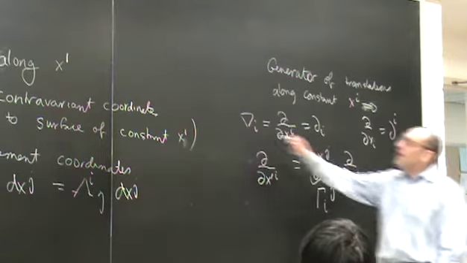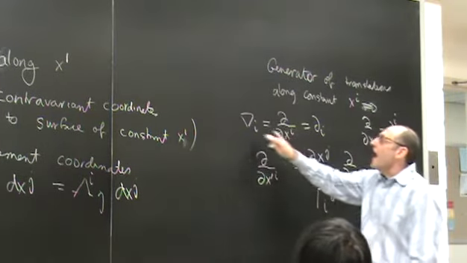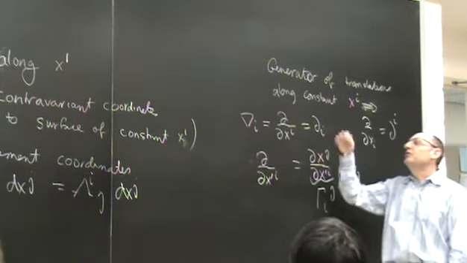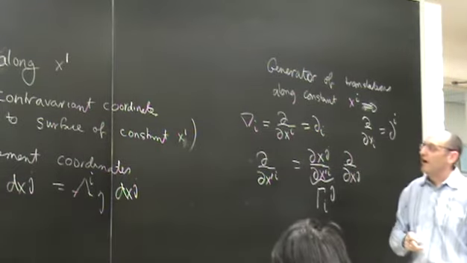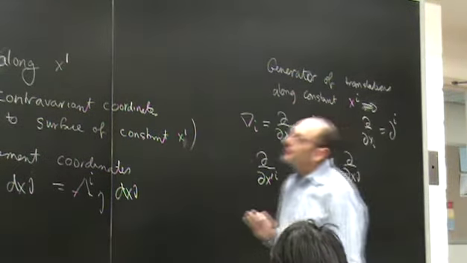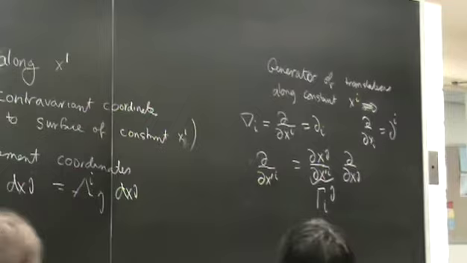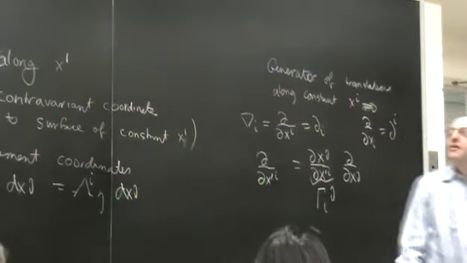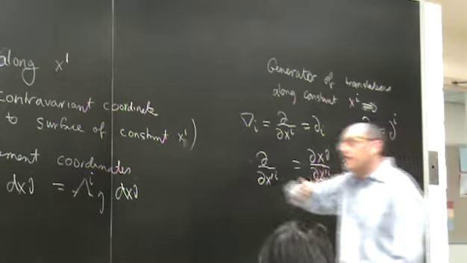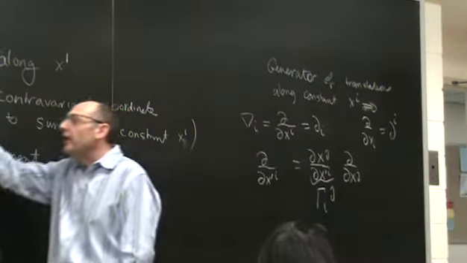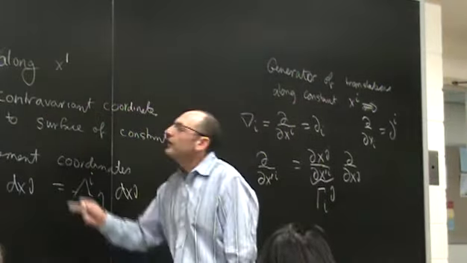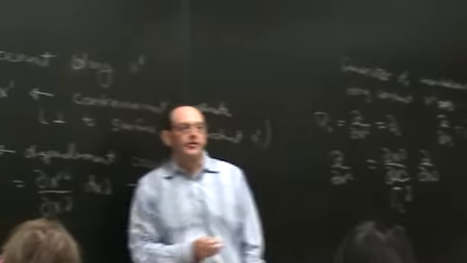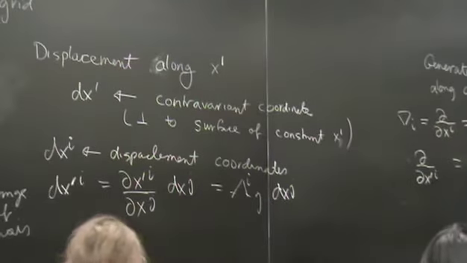So, the gradient is naturally a vector whose coordinates are covariant because they represent translations along a constant coordinate. And displacements are the other notion of vector going from one level surface to another, and their components are naturally contravariant.